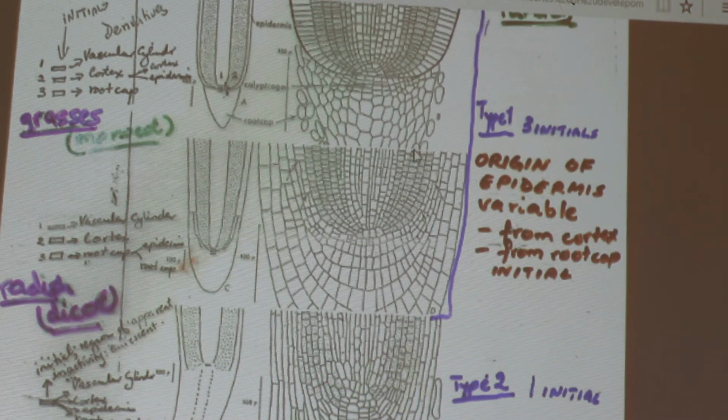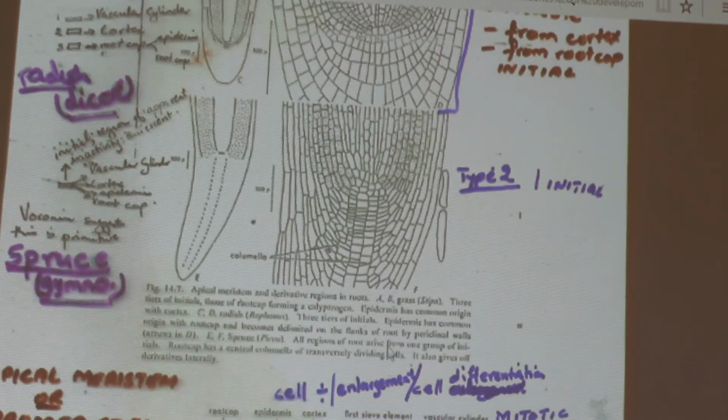We observe two types of theories. The first theory, which I've called type 2, I'm starting with it because it goes to the single initial in the meristem.